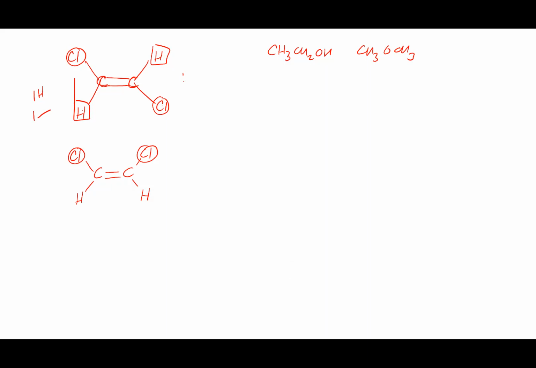Because then if I say it's trans, it's pretty clear that I'm talking either about the two hydrogens or the two non-hydrogen groups. So for instance, when either the chlorines or the hydrogens are opposite, that's trans. When the chlorines or the hydrogens are on the same side, that's cis.